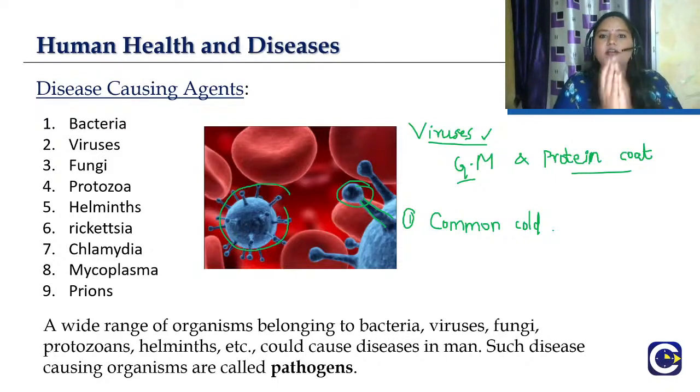They take advantage of our own cell and start multiplying in numbers. So we cannot destroy our own cell, right? So we are only dependent on our immune system. In any viral infection, we need to rely on improving the immunity. Only our own immune system can fight against any virus.